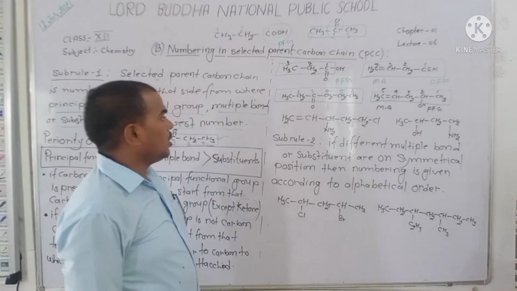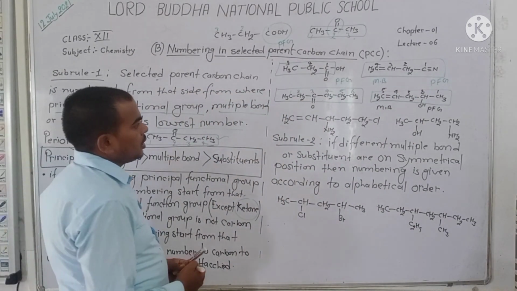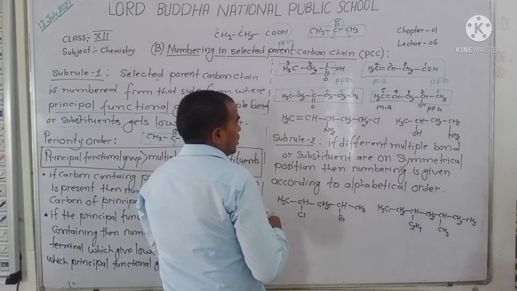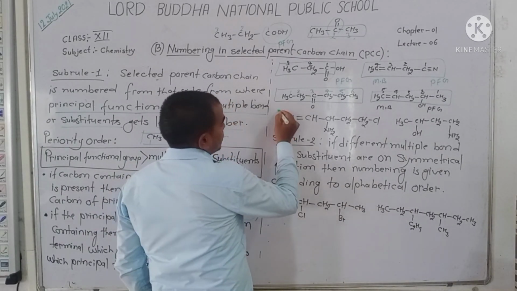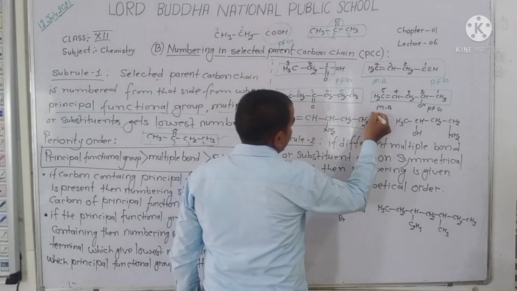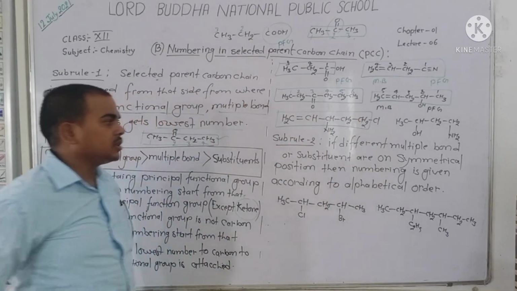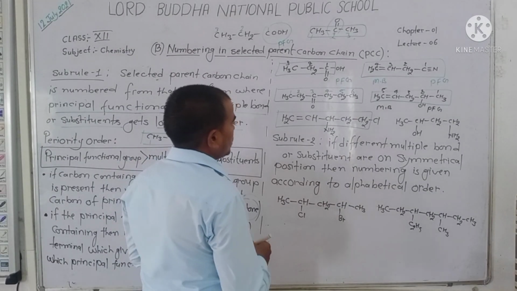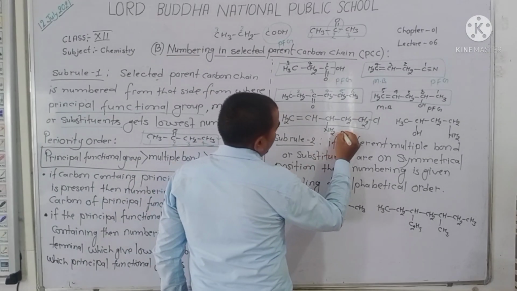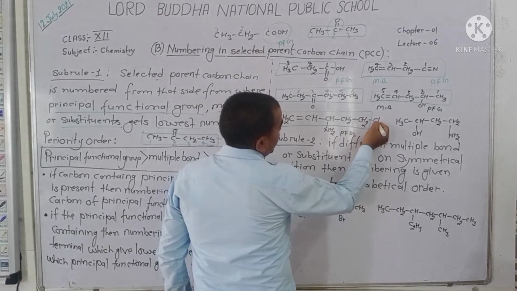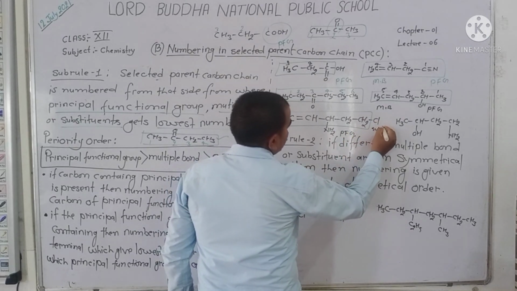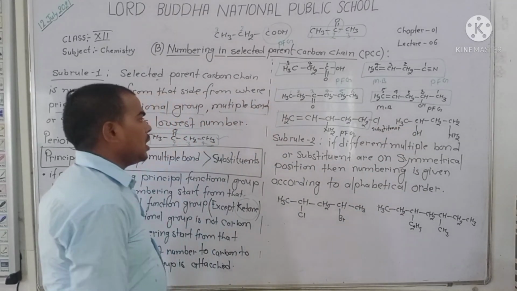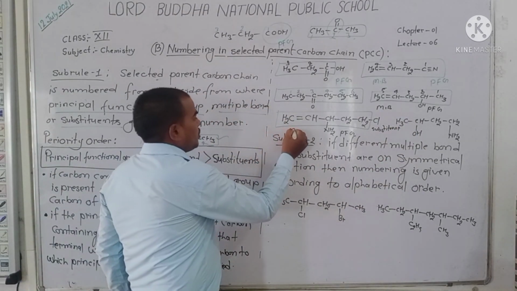Okay. Next question. In this question, first select the PCC. Here is the PCC. Dear student, in this compound a principal functional group is present, here a substituent is present, and here a multiple bond is present.